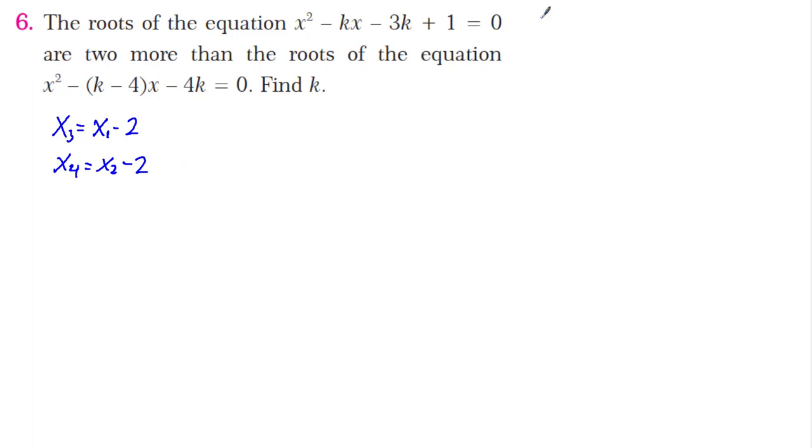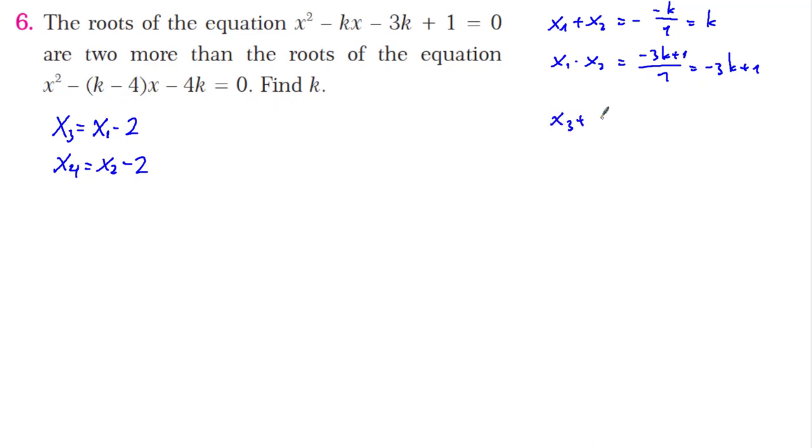So, from Vieta's theorem, what do we know? We know that x1 plus x2 is minus b, it's negative k over a, that's 1, so it's k. And x1 times x2 will be c, which is this whole part, negative 3k plus 1 over 1, that's negative 3k plus 1. Alright, we can get the same correlation for x3 plus x4.